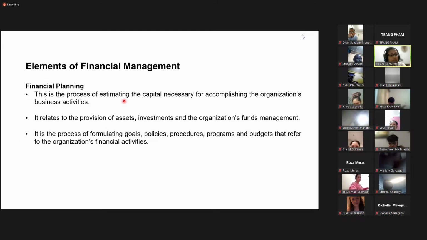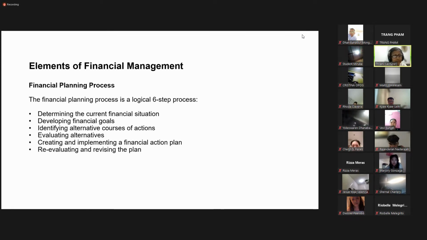In the process of this, you will be formulating goals, policies, procedures, methods, or even programs and budgets that are in close connection to the organization's financial activities. We do all that to manage or plan our finances properly.